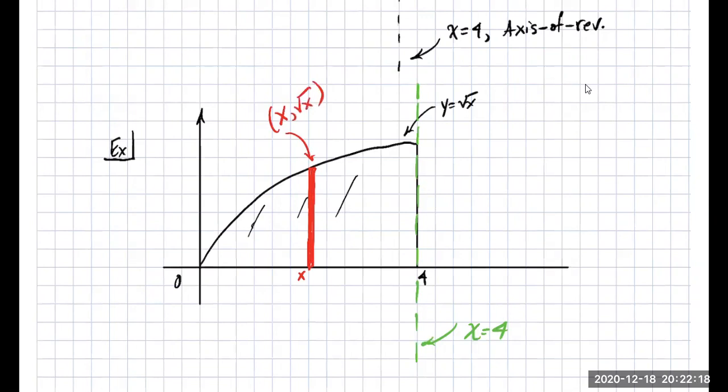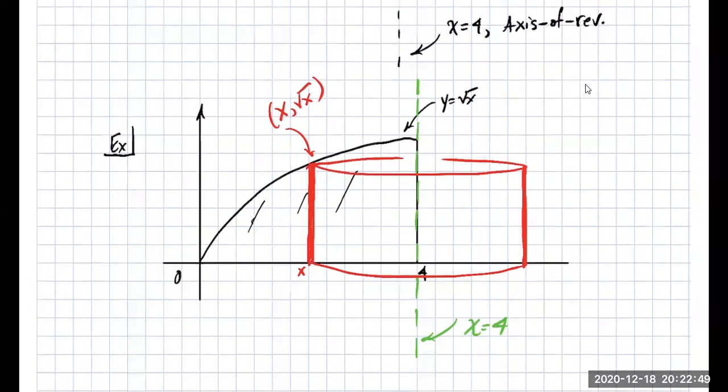Since the bottom of the rectangle is on the x-axis, gang, I'm just going to leave the figure the way that it is. Now draw the shell. Take that one rectangle and rotate it around the axis. Let's label the dimensions of it.